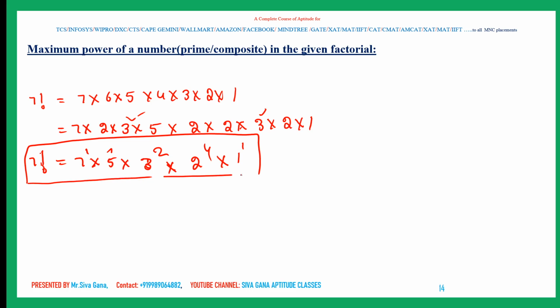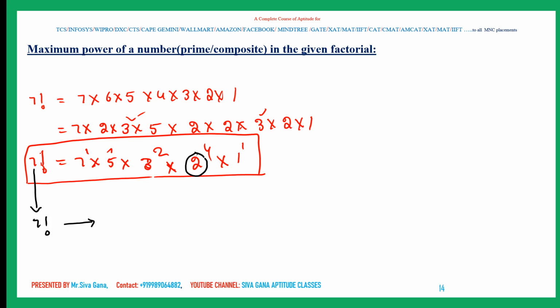Now listen to my question. What is the maximum power of 2 in 7 factorial?